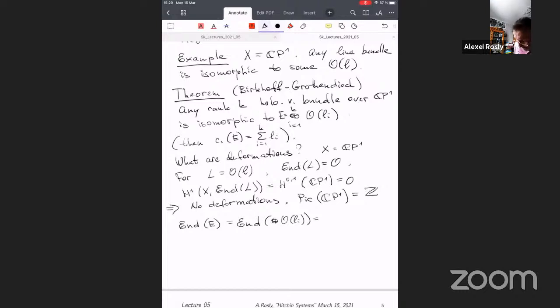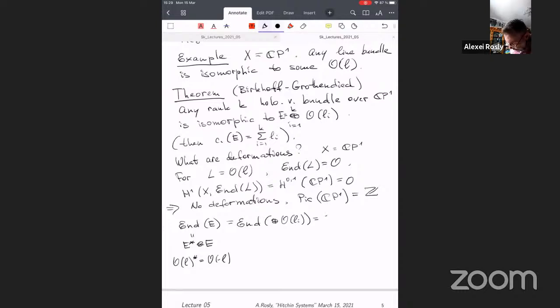We have to take E star tensor E, and O(L) star is O(minus L).